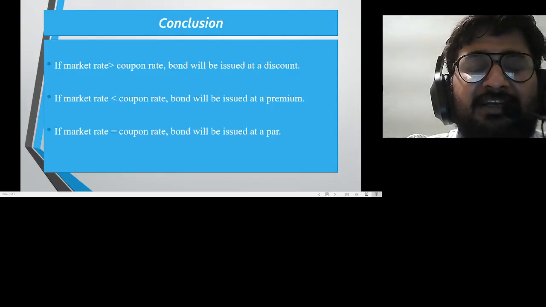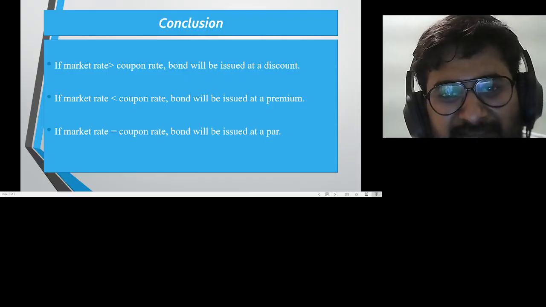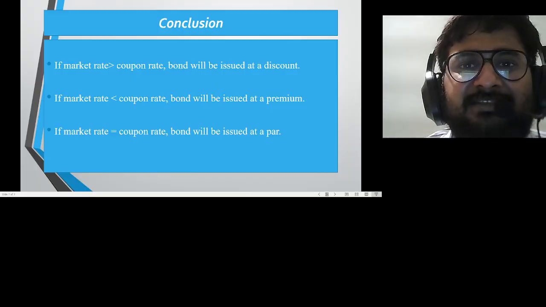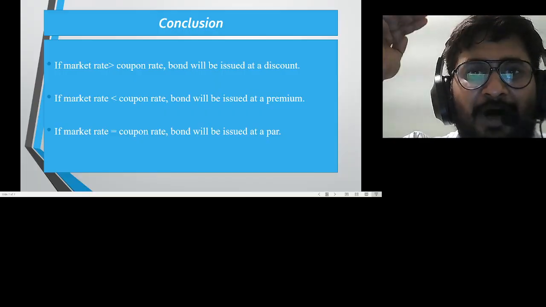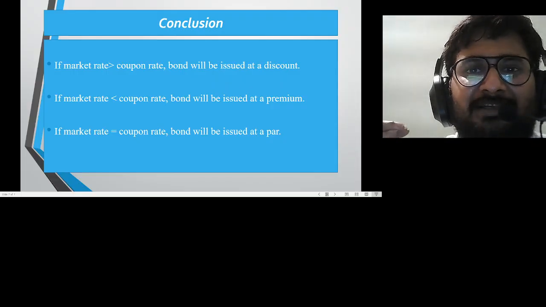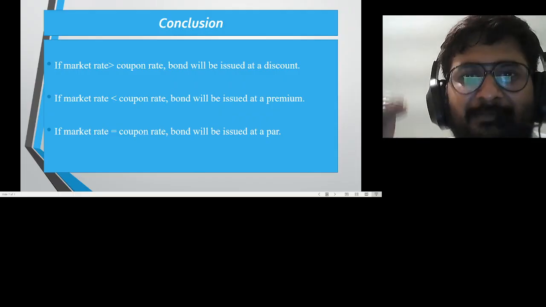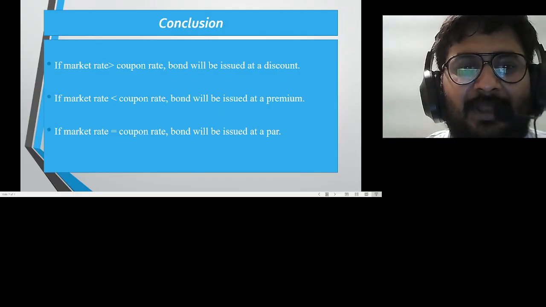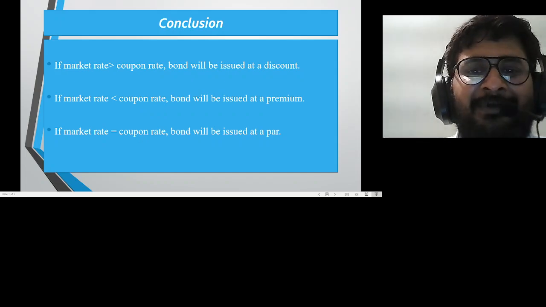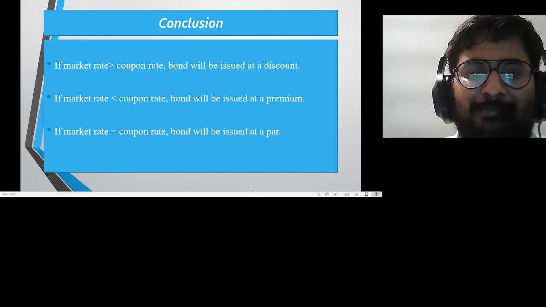So how does the market earn more from the same bond? By purchasing it at a discount. If the market rate is less than the coupon rate, that means you are offering more and the market is offering less. How does the market earn the same from this bond? By buying it at a premium. And if the market rate and coupon rate are absolutely the same, the bond will be issued at par.